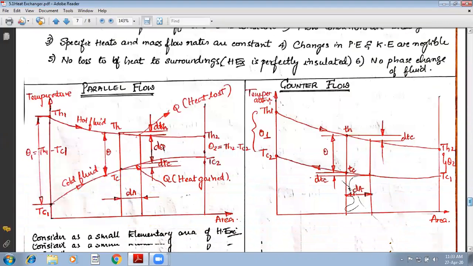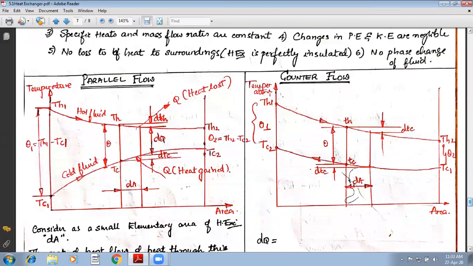Now, if you see, this is the schematic line diagram for the parallel flow heat exchanger, and this is the schematic line diagram for the counterflow heat exchanger.